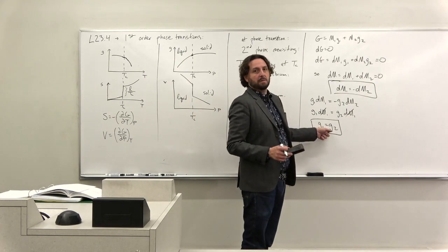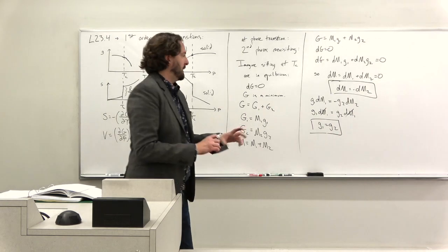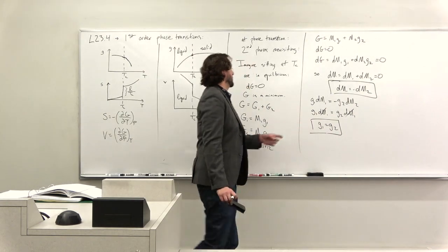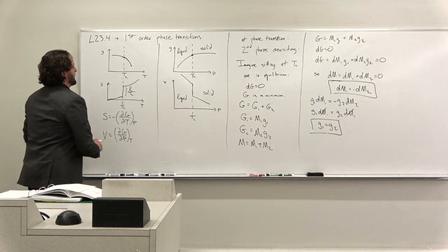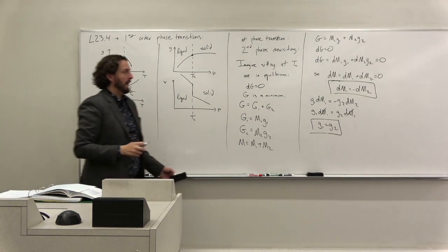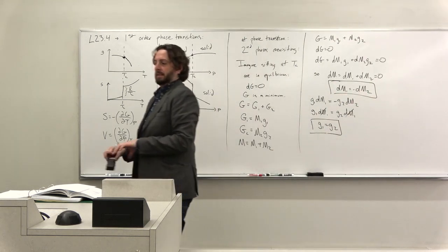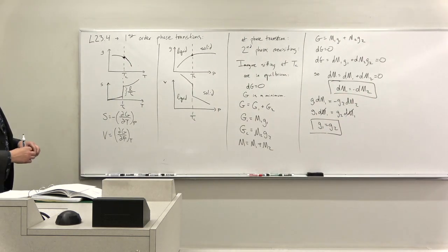But the individual intrinsic free energies per unit mass are equal, right? That's what we've been plotting here, that the little g's are equal, and I just convert mass from one phase to another. And that's perfectly okay.